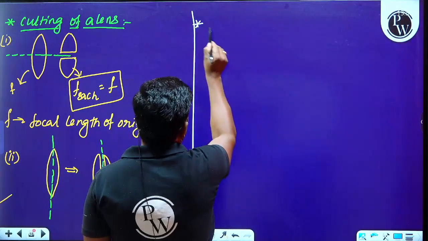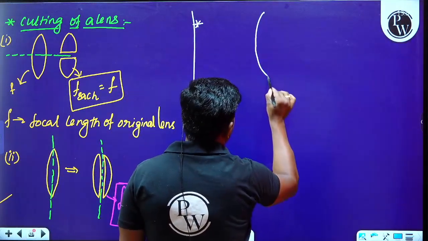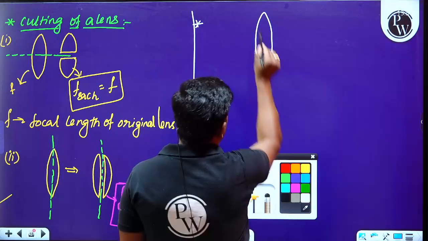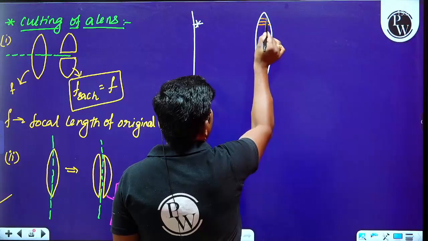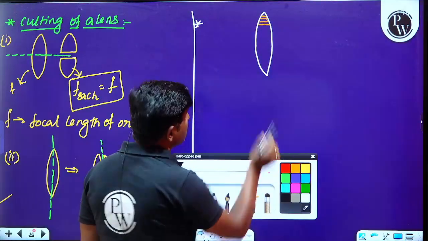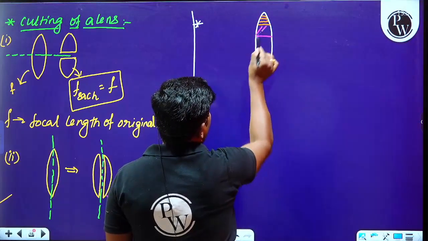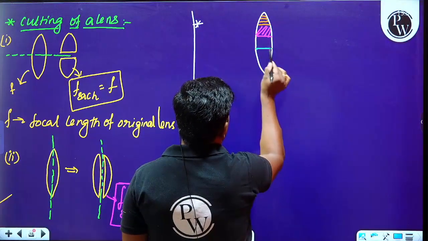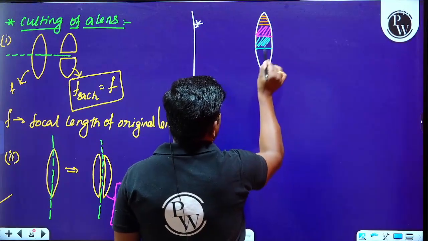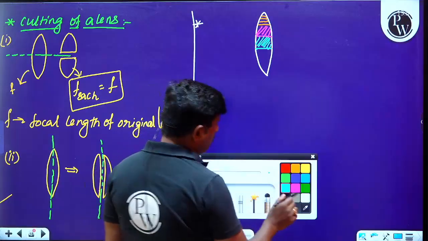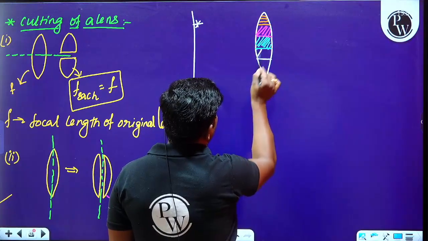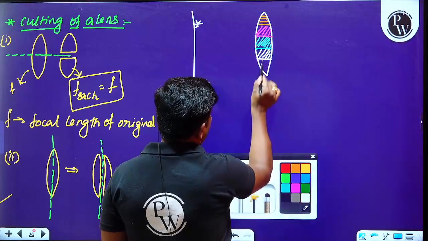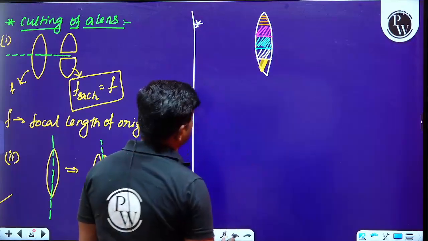We have to understand that the lens can be made up of different materials, as shown in the figure. Please observe this and note down each and every point.